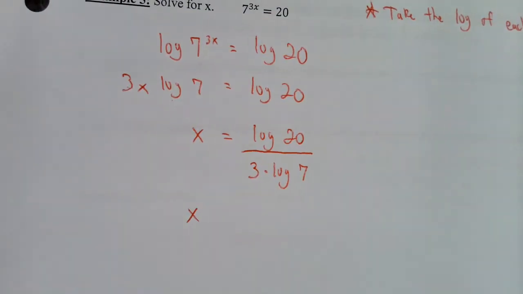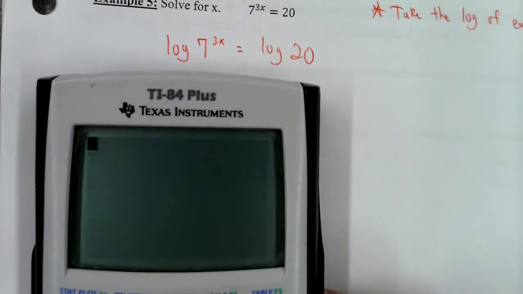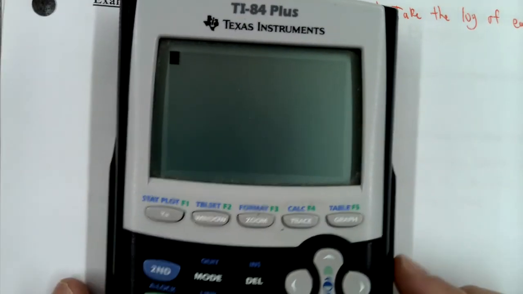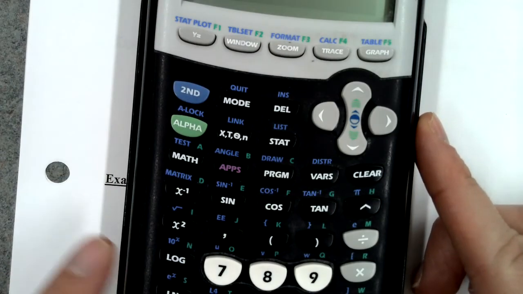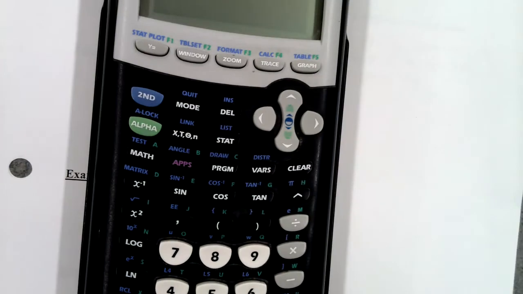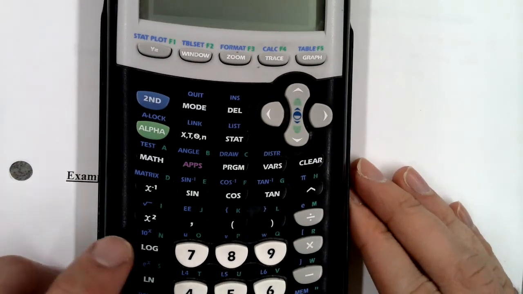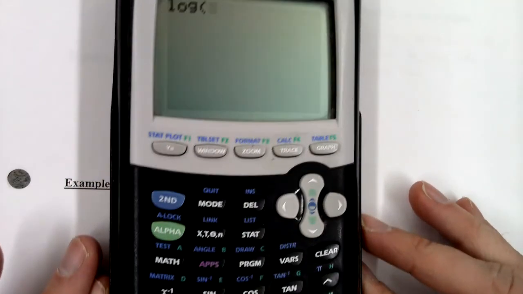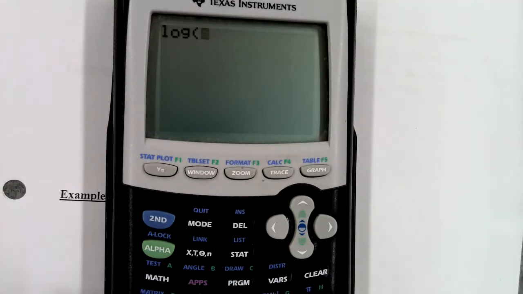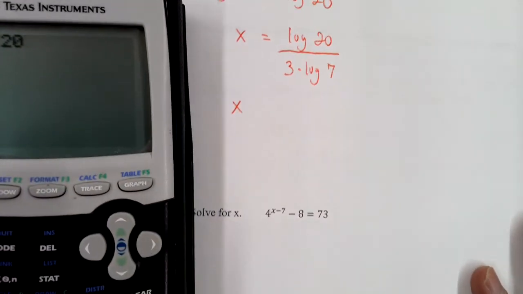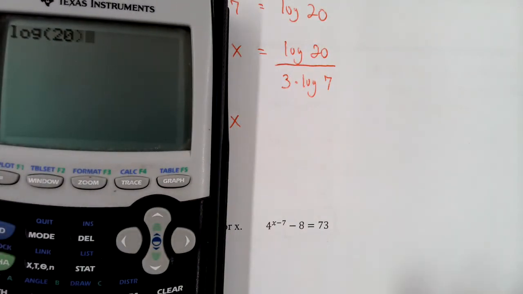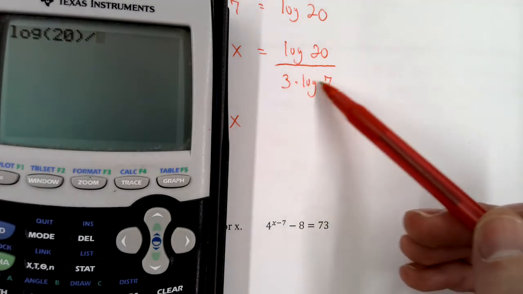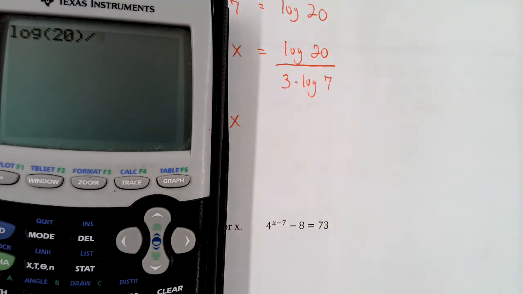Now you have to be careful, okay? So I'll show you how to do it on my calculator. My calculator has a log button. So I'll hit log 20 divided by, you have to do 3 times log of 7 before you divide, order of operations.